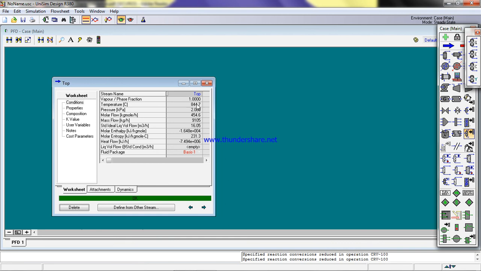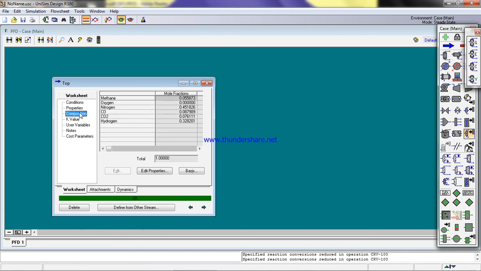Okay, so with that we see, and then the flow rate now increases to 454.6 kilomole per hour. So that's the flow rate. It started with 100 and then 260, and then this is what you have at the top. And then let's see the composition that comes out there. What comes out from that top is now 5.5% methane, no oxygen.